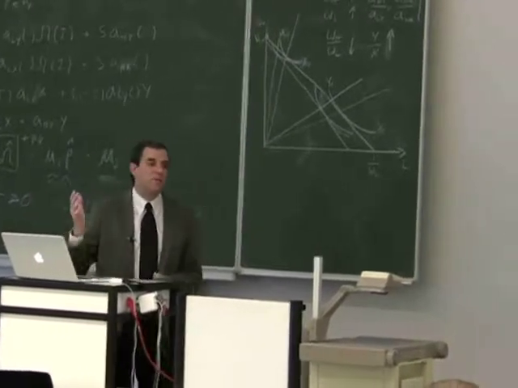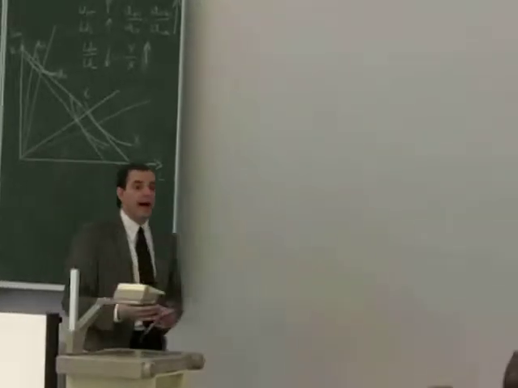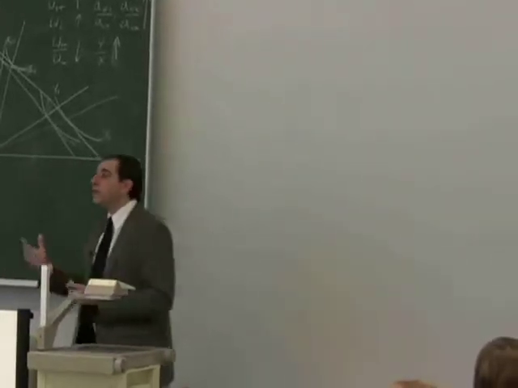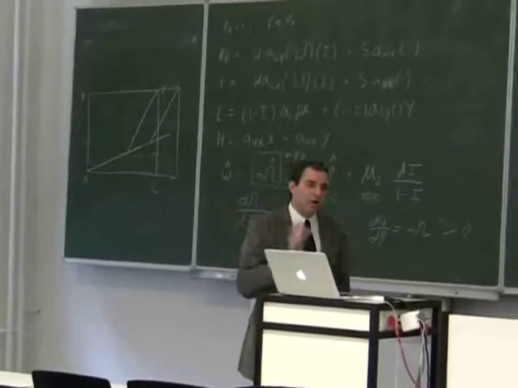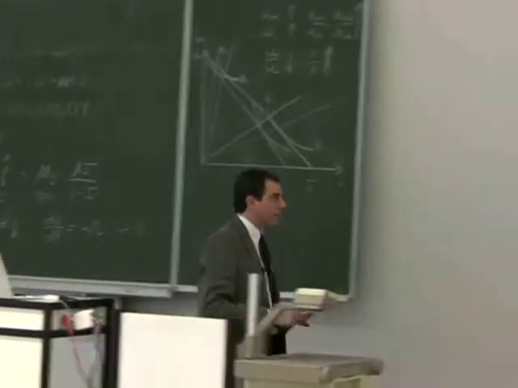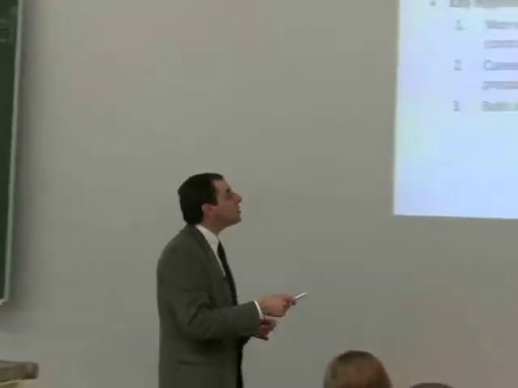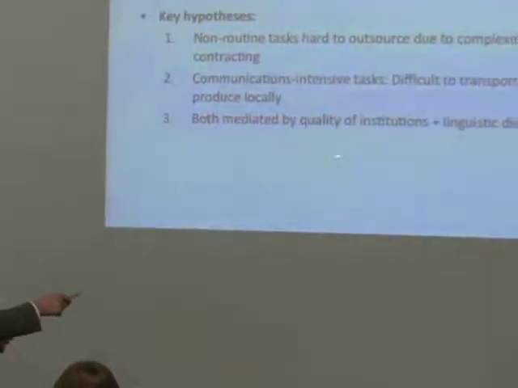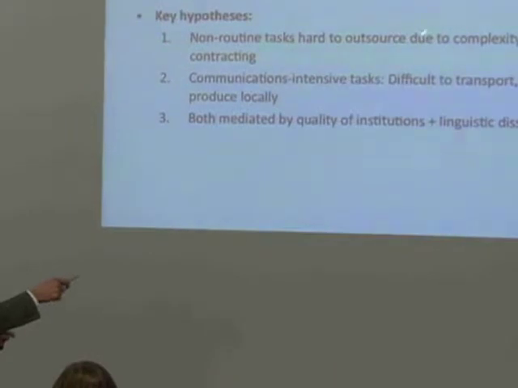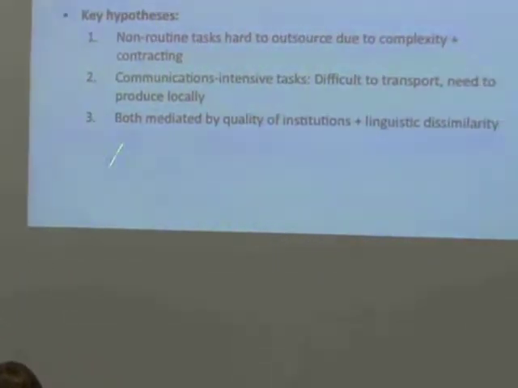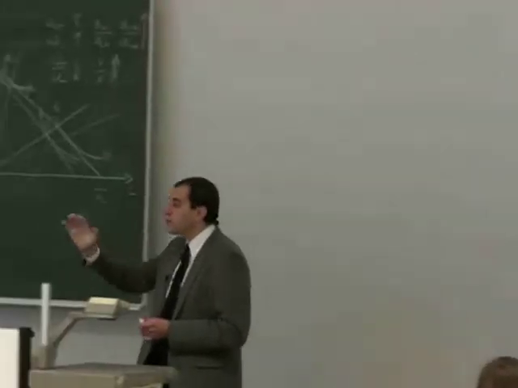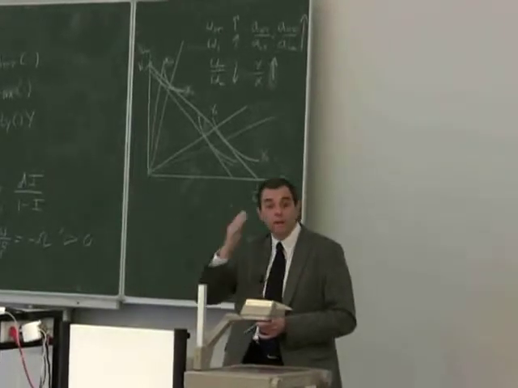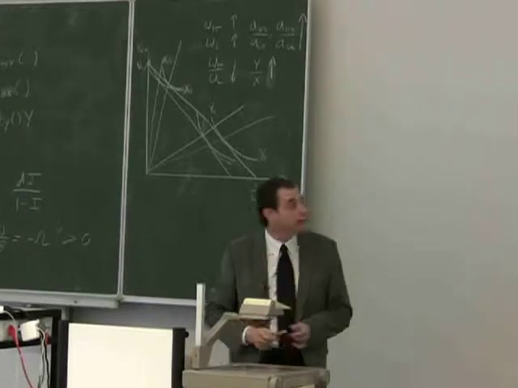If, on the other hand, the country requires lots of bribery, people are stealing stuff all over the place, and you can't enforce contracts, then you may be less enthusiastic about franchising your thing over there. So the quality of institutions is going to mediate. For a non-routine task, you might be more reluctant to do FDI, but if the country into which you're selling has good institutions, that might offset it to some degree.